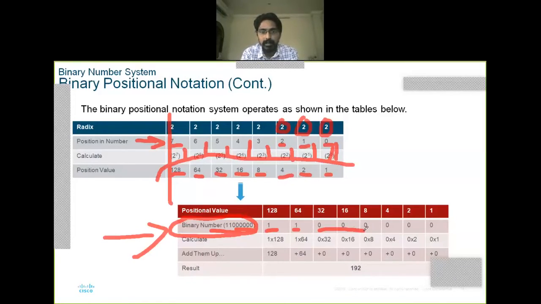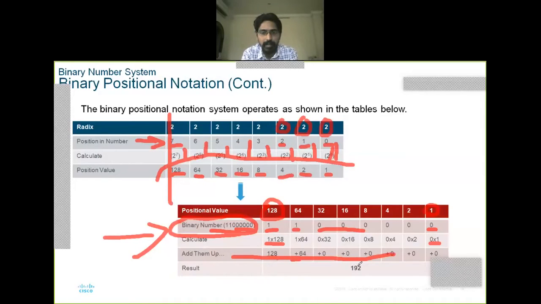Next, what do we have to do? Multiply this number with the position value. What is the position value? 1. So 0 into 1, 0 into 2, like this. The position value is 128, 128 into 1, right? Next, obtain the values 128, 64, 0, 0, 0, 0, 0, like this. And then finally add all these values.